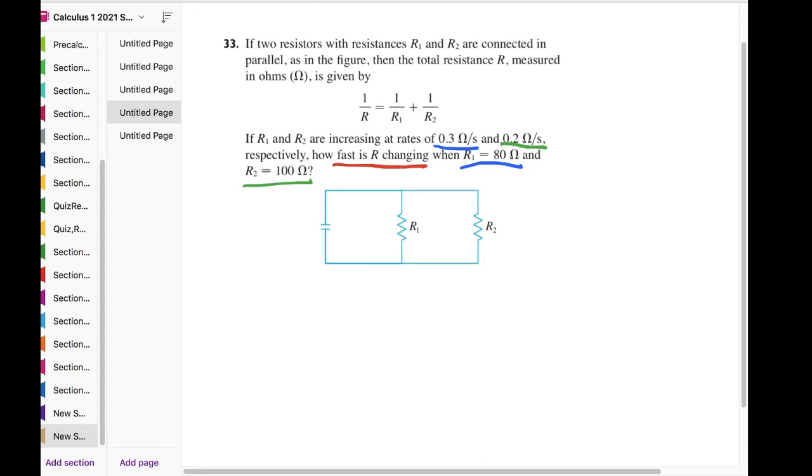Okay, so how do we do it? And by the way, I want to use 3/10 and 2/10 because I don't like decimals. Okay, so what are my derivatives? What information do I know before even starting? I know some derivatives, right?